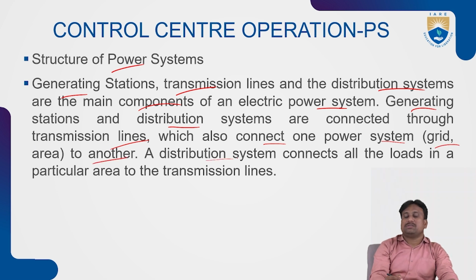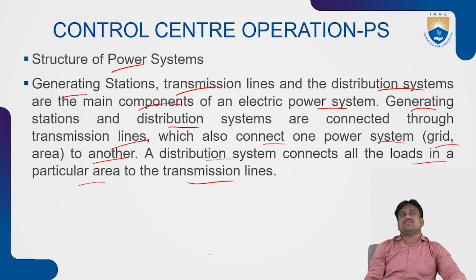The distribution system connects to all the loads in a particular area where the power is going to be transmitted. That means directly through the transmission lines we are going to transmit the power in bulk, which may usually be at high voltages of thousands of kVs. We are ready to transfer that much power. So this describes all the components of the structure of the power system network.